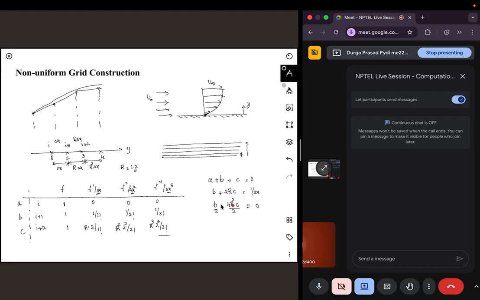So now these equations have changed depending on the value of r. The values of a, b, c you are going to get will change, so the difference scheme also changes depending on the value of r. But the way we solve to get these equations remains the same. As long as you are familiar with the Taylor table and make these changes appropriately, you will get the equations correctly.